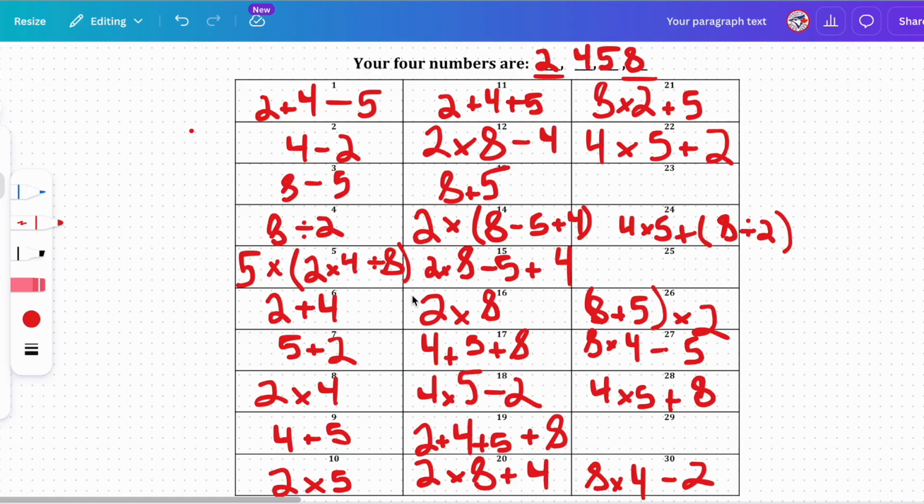Okay, so for 29, I can go 8 multiplied by 4 is 32, subtract 5 is 27, and then add 2.